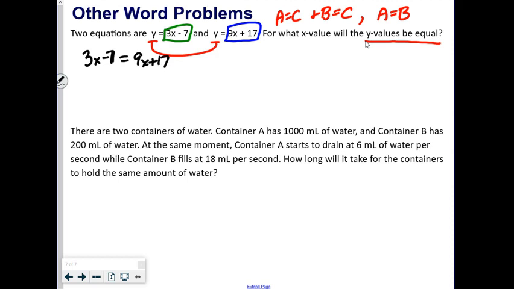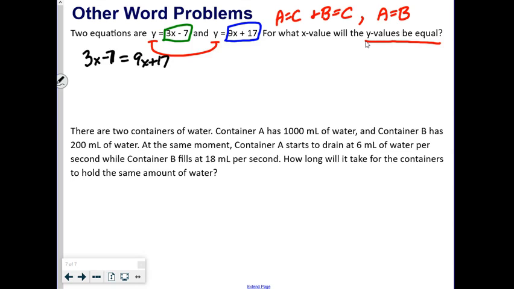And we've got variables on both sides of the equal sign. So our first step, well, first off, we should see if we can simplify either side. But there's no distributing that can be done because there's no parentheses. And we can't combine like terms because everything on the left, 3x and negative 7, they're not like terms.